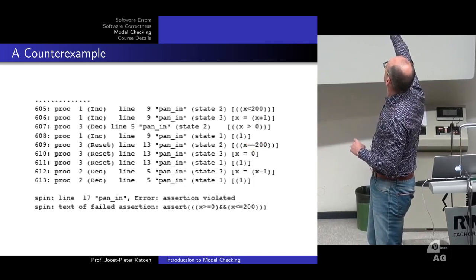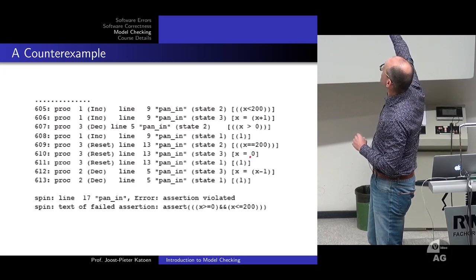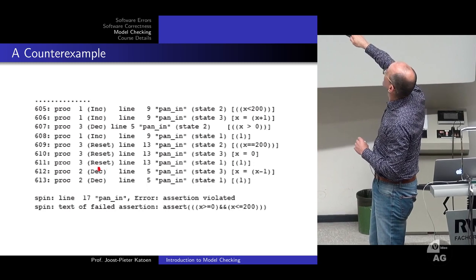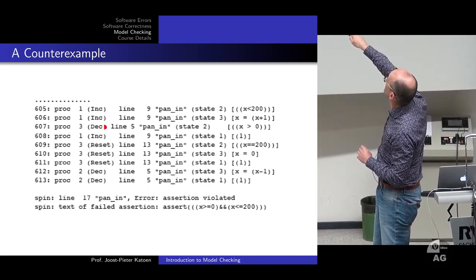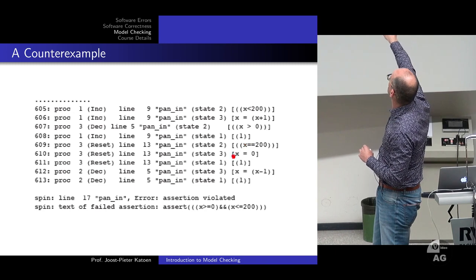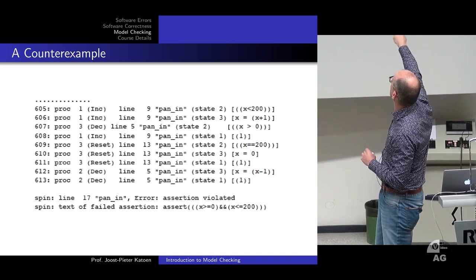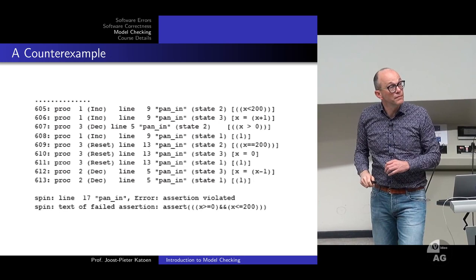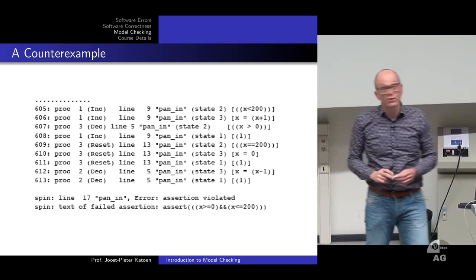Now you reset x to 0, and then you see that decrement had already checked before, namely here, that x is larger than 0. This was true because x was equal to 100. But the crucial point is that x has been reset to 0 before you decrement, and then x becomes minus 1. So it's exactly the scenario you pointed out.